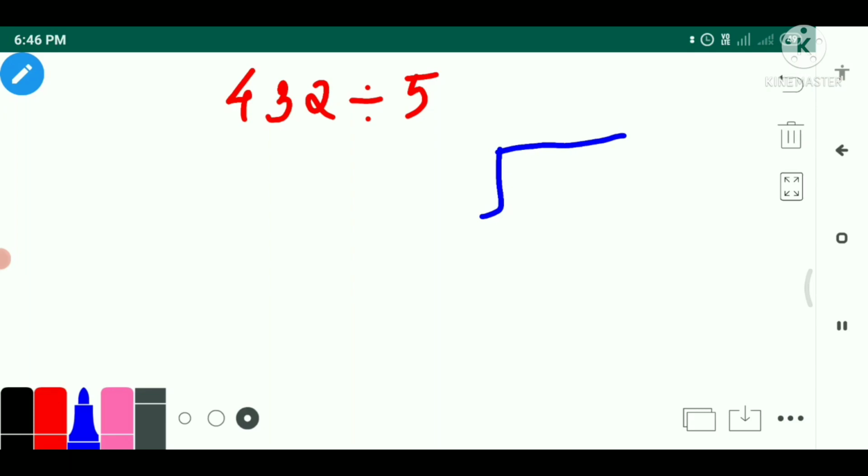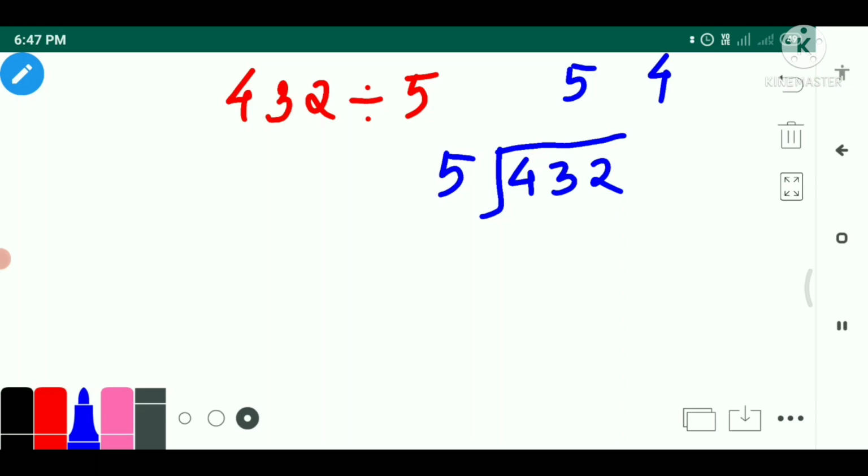So we'll write our dividend inside the box, 432, and we'll write our divisor outside the box, that is 5. Now we'll see the 100 place value in the dividend part and the value that is in the divisor part. So in our divisor part 5 is there, and in our dividend part 4 is there, which is in 100 place, right? Now we'll compare these two numbers.